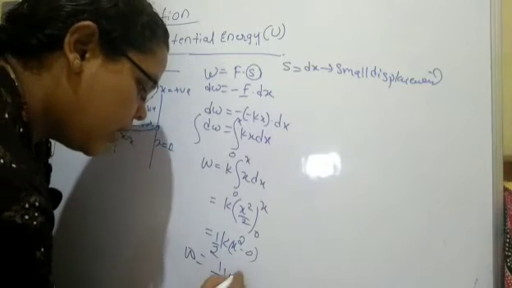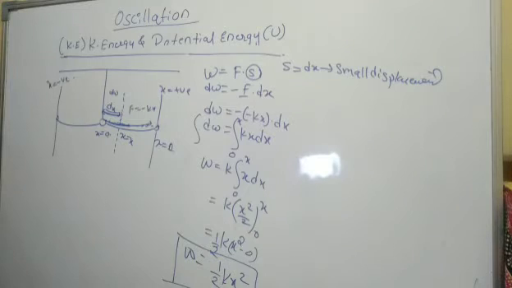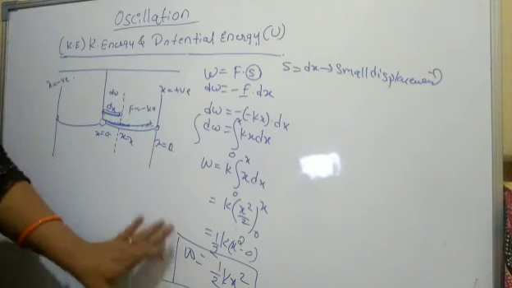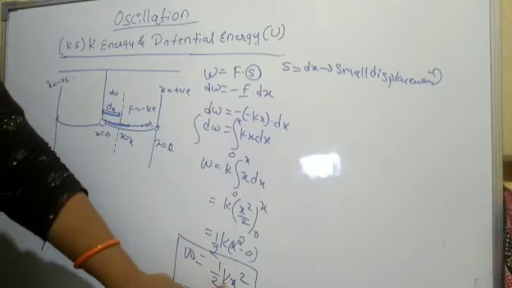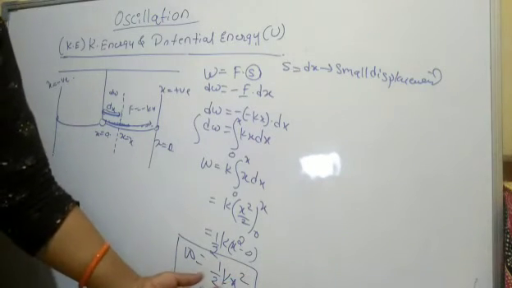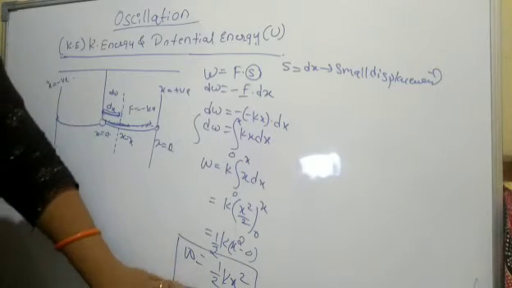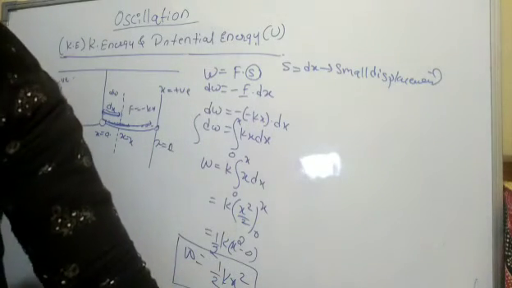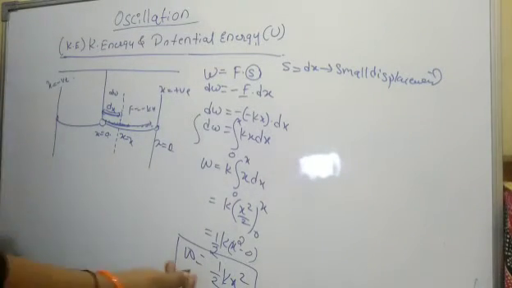Look at here, this work done is equal to the potential energy, half kx square. By seeing this equation, you can't judge this is the kinetic energy. No, this is potential energy.